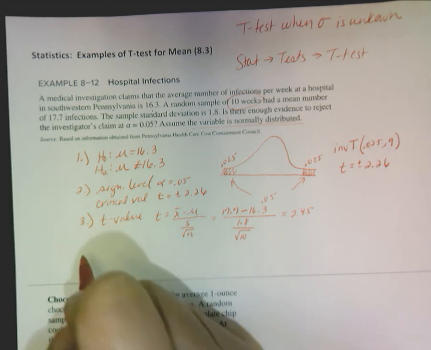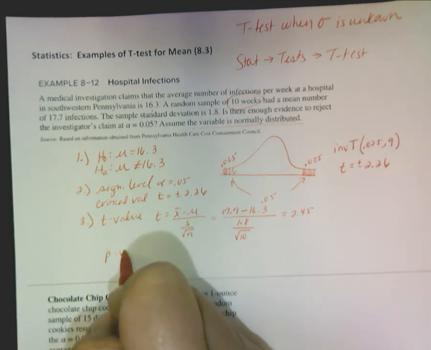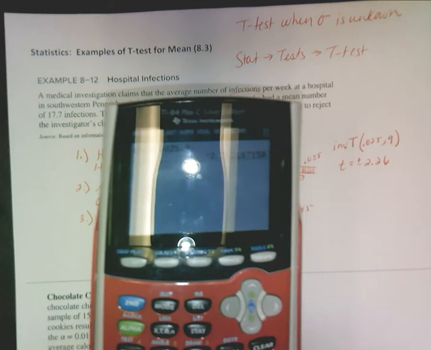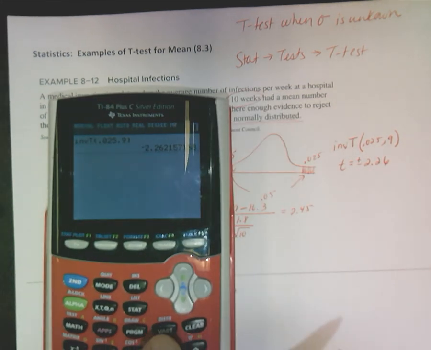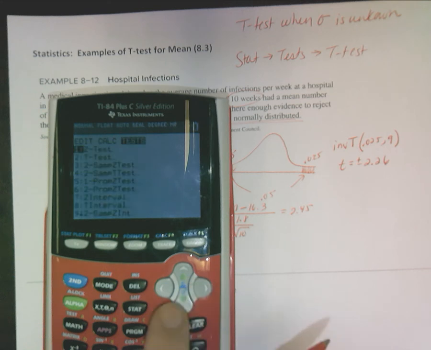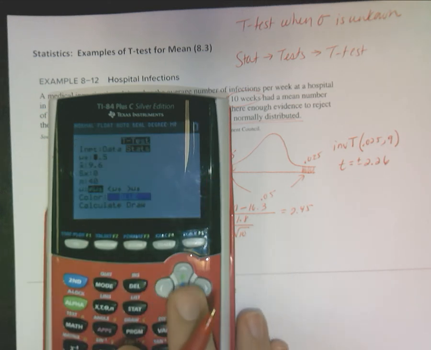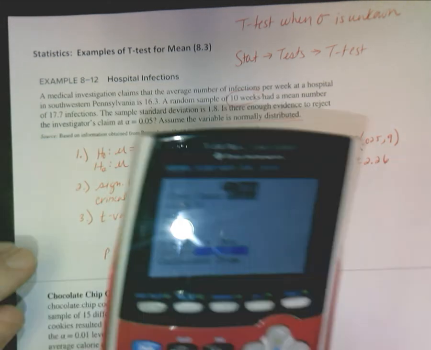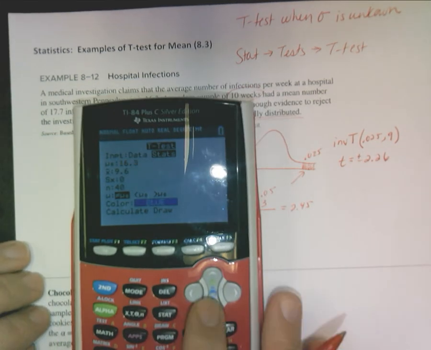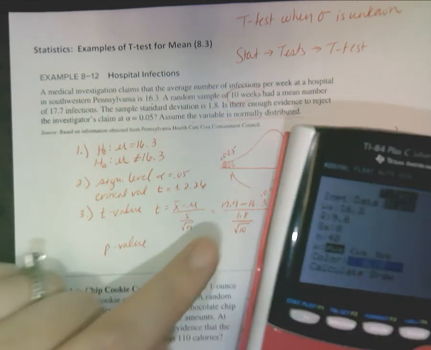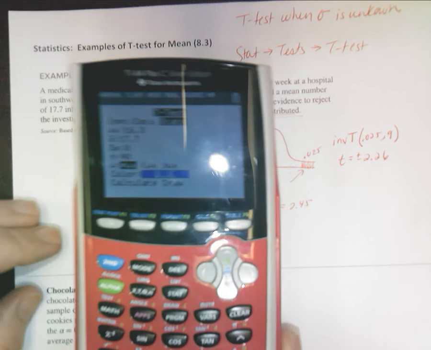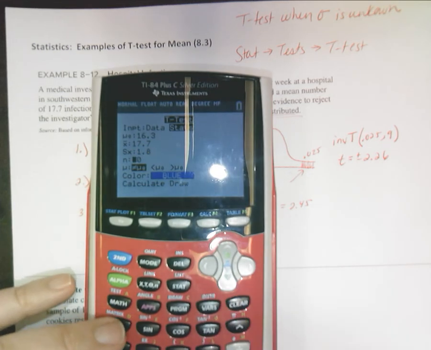Step number 4. Well, actually, before we do step number 4, let's write our p-value. And how do we find out our p-value? In the calculator. So we go to stat, test, not z-test, t-test. You're going to go to statistics. You're going to input your population mean, which was 16.3, your sample mean, 17.7, your sample standard deviation, which is 1.8, and our sample size was 10.